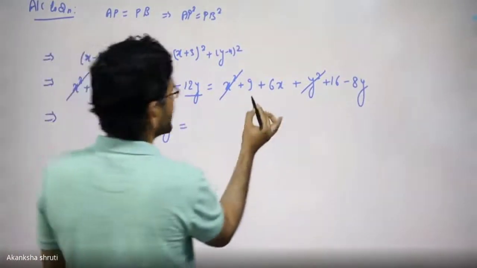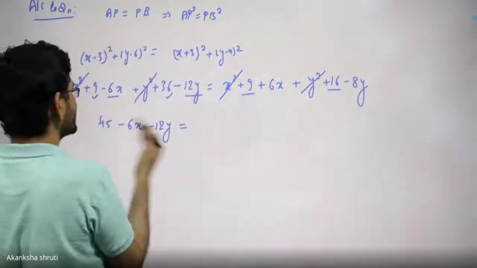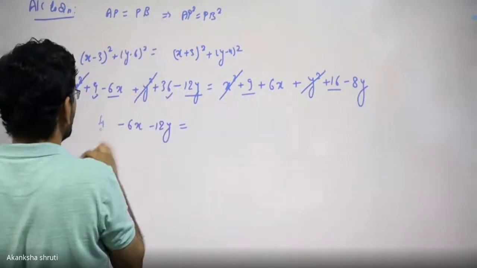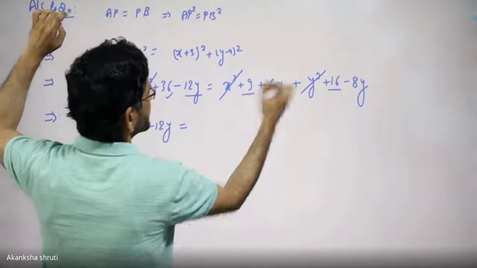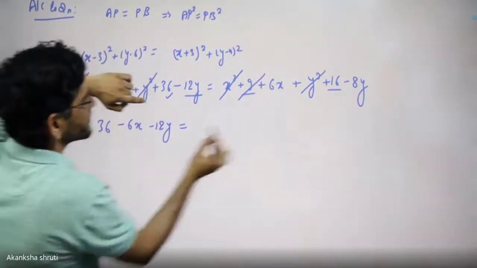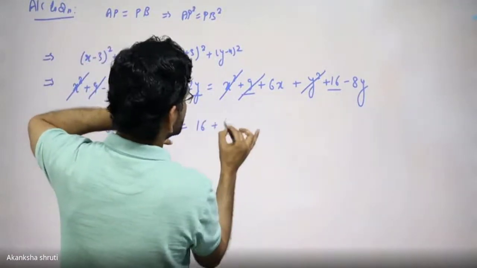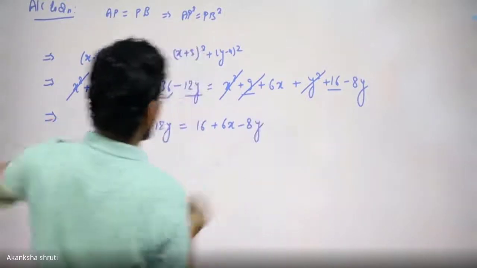On the right hand side we have this 9 and 16. We may add them, or this 9 may be cancelled as it is. Students, if we cancel this 9, then there is no need to do anything. So what remains is the 36, and on this side it is 16 plus 6x minus 8y.